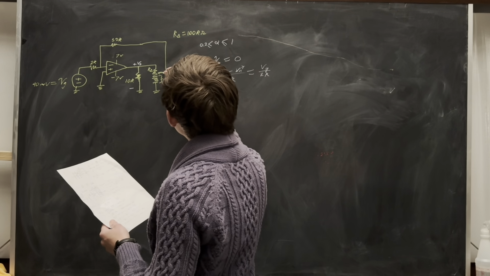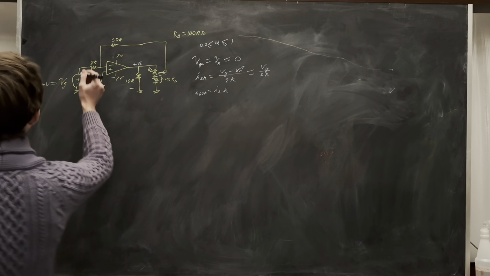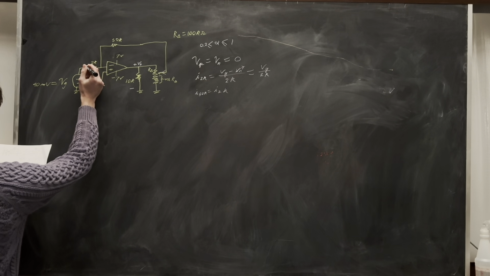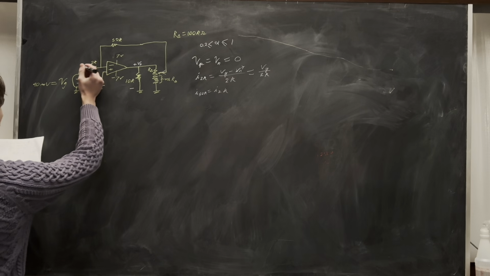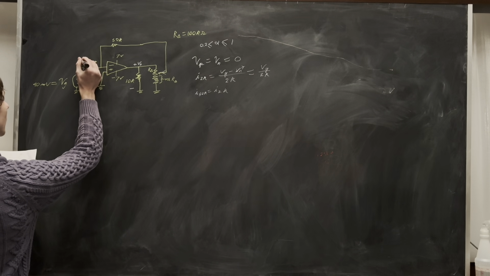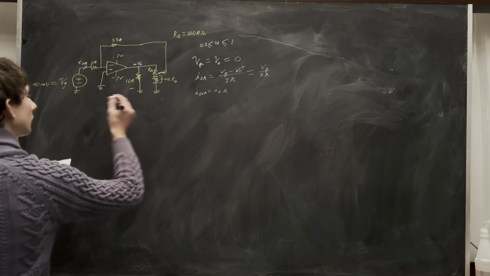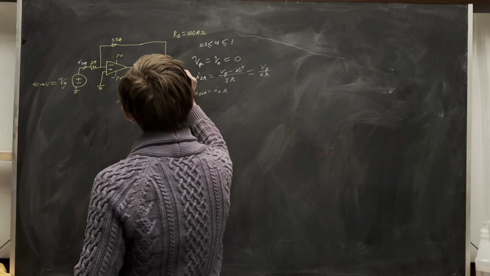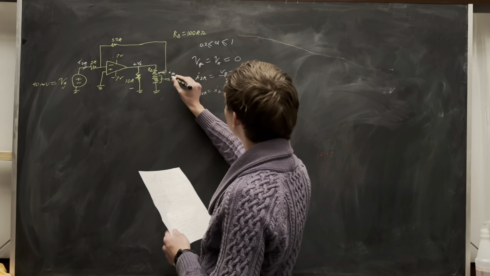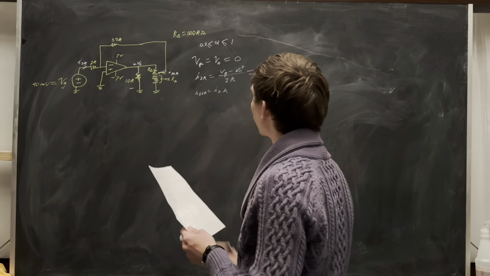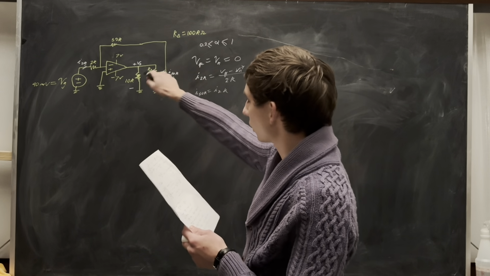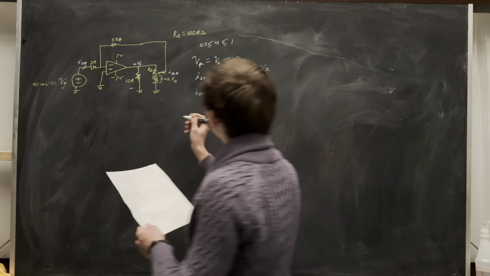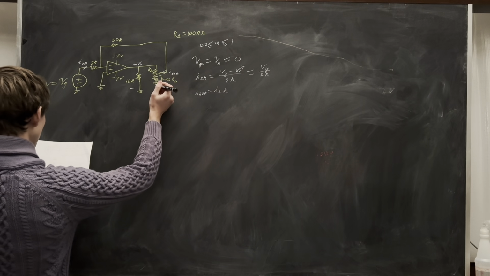Down here, I should mention, I have I2K going this way. So over here, I50K is going this way. We can do KCL at this potentiometer. I just gave the currents here some names.